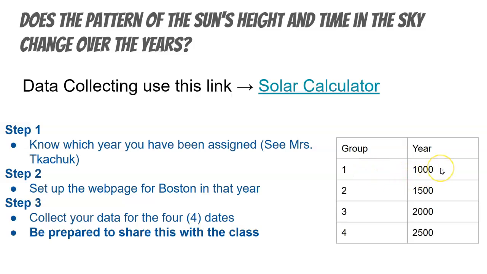Here are the groups. Year 1000. What year are we in? We're in 2025. So past here, before here, right? The groups are the year 1000, the year 1500, the year 2000, and the year 2500.